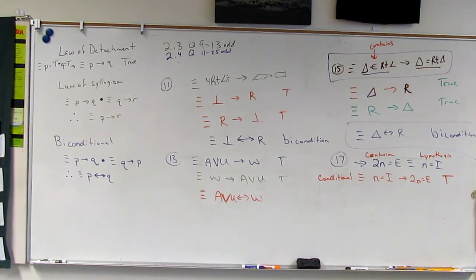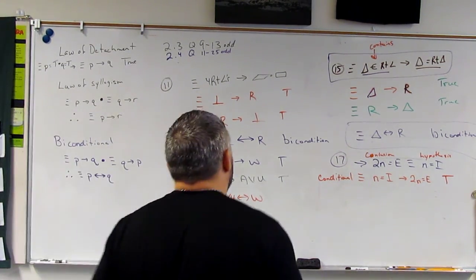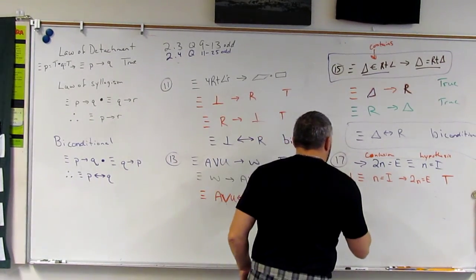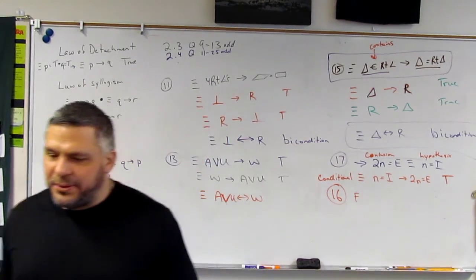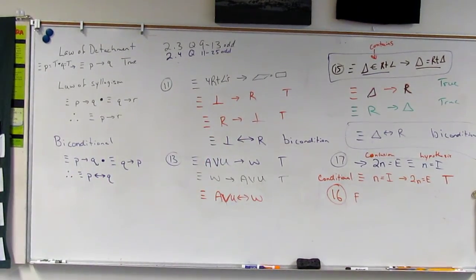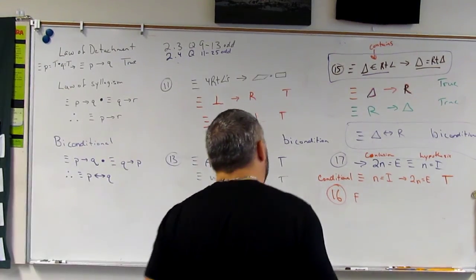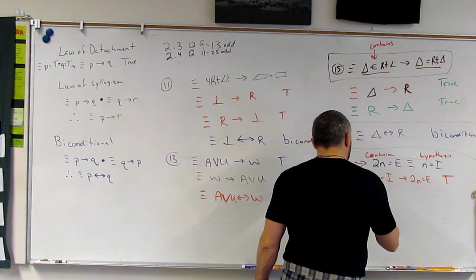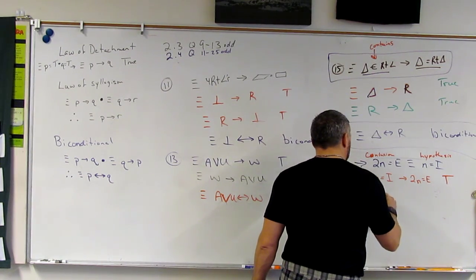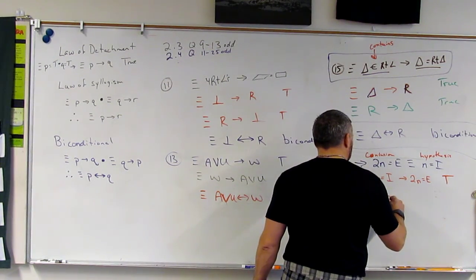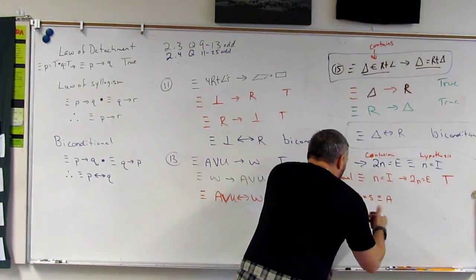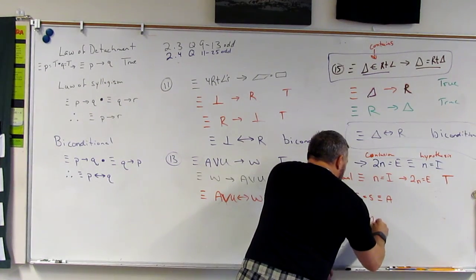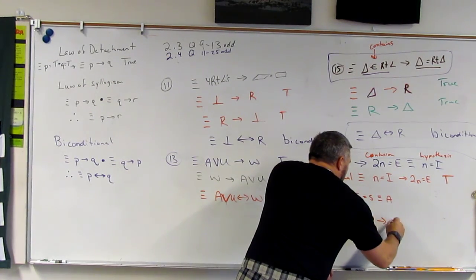Let's look at 16 just for giggles. It says Philippe is a swimmer if and only if he is an athlete. So in other words, if he's an athlete, then he's a swimmer.